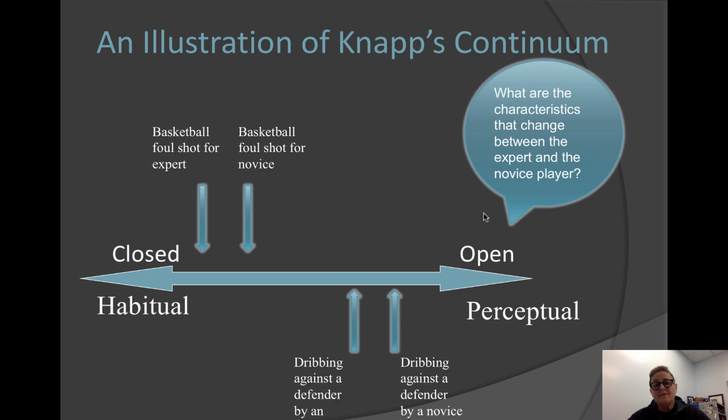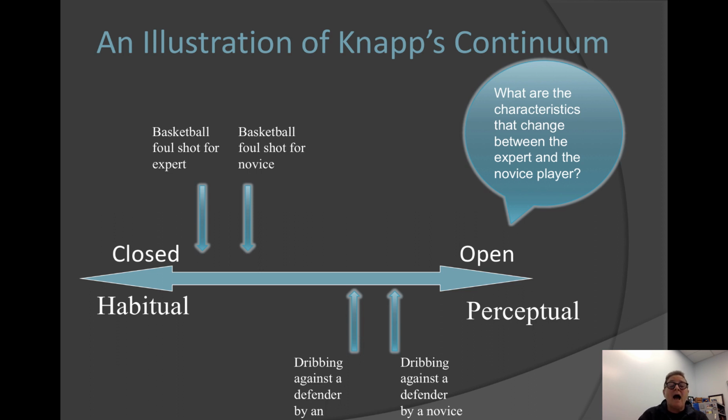Notice here that I've placed dribbling on the continuum. Notice in this particular case, dribbling by an expert moves closer to the closed side of the continuum, but what I do want you to notice is that it never cuts across the center of the continuum to become a closed skill. Why is dribbling against a defender an open skill?